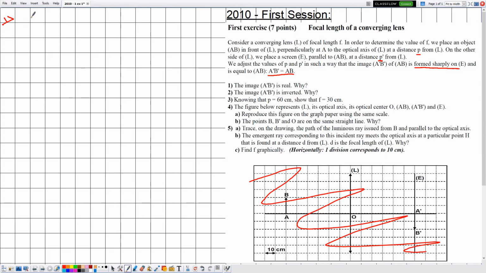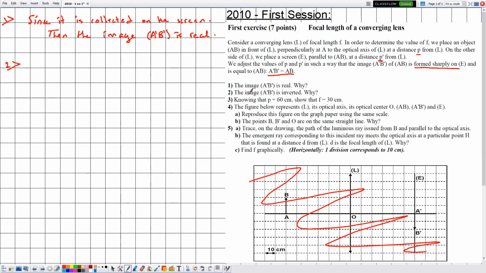Then let's say since it's collected on the screen, in this case, then the image A prime B prime is real.